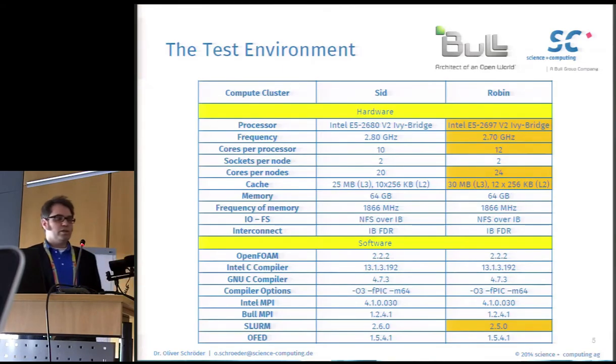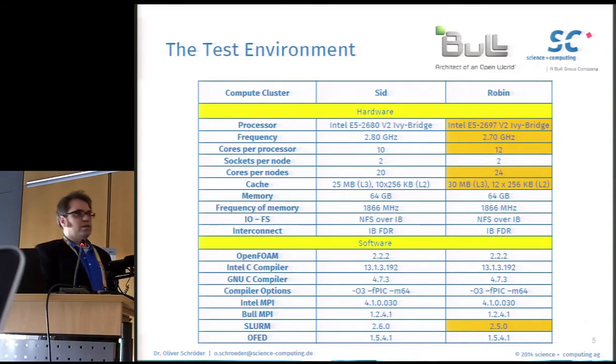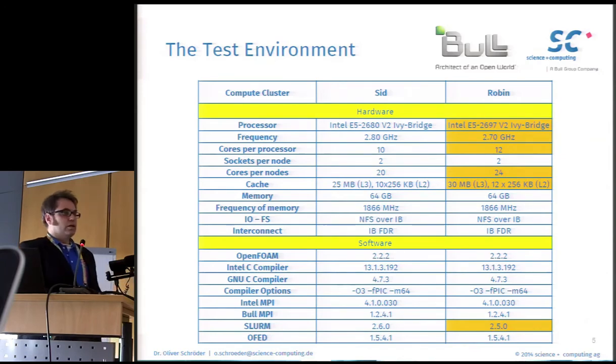The test environment that we had consists of two different test classes that we had from Bull. One is called SID, the other one is called Robin. A lot of things are similar and some things are different between the two test classes, and I marked the things that are different. They are all Bull blade systems that have two processors.